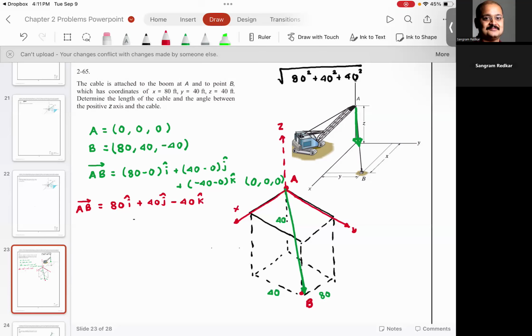I want to find out the angles. I'll give you a minute. I found out this vector. How do I find out the angles made by this vector in positive x-axis, positive y-axis, and positive z-axis?